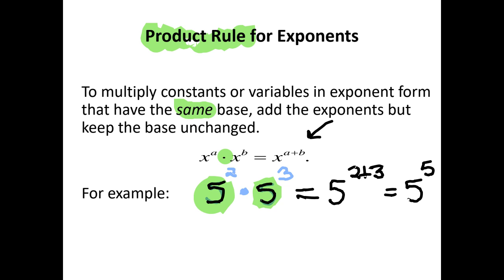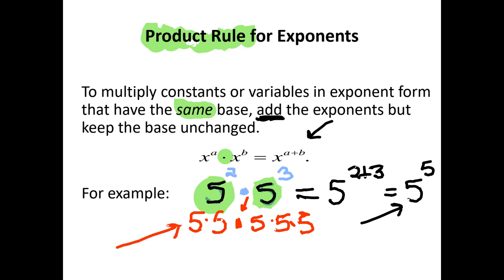I add the exponents. And kind of to make life interesting, this was 5 times 5 times, that's what that dot means, 5 times 5 times 5. How many 5s do I have? I have 5 of them.